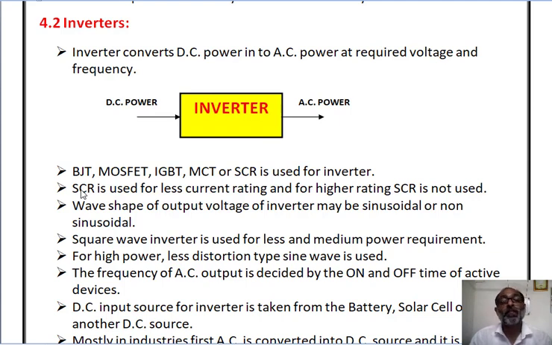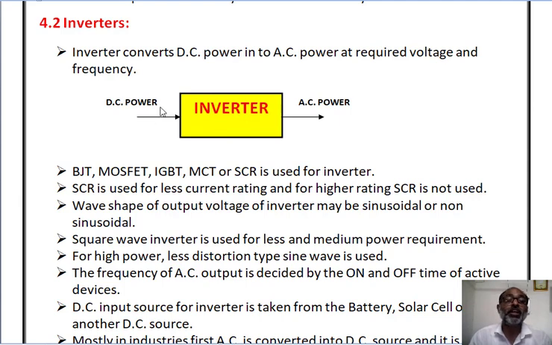It is not used for higher ratings, because the wave shape of the inverter output voltage may be sinusoidal or non-sinusoidal. A square wave inverter is used for low and medium power requirements. For higher power, a low distortion sine wave is used. The frequency of this AC output is decided by the on and off time of the active devices used in the inverter.